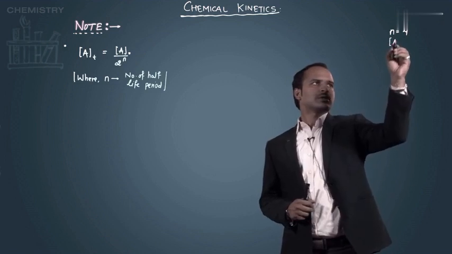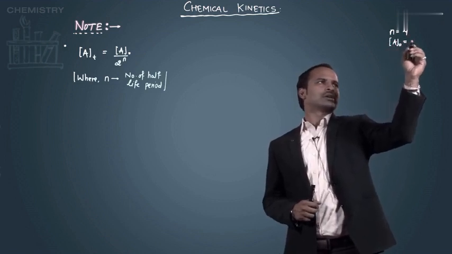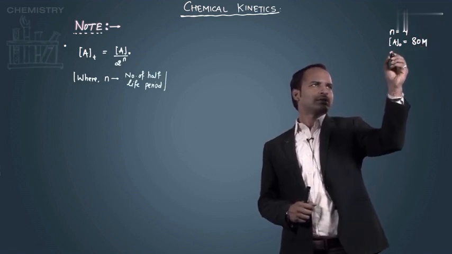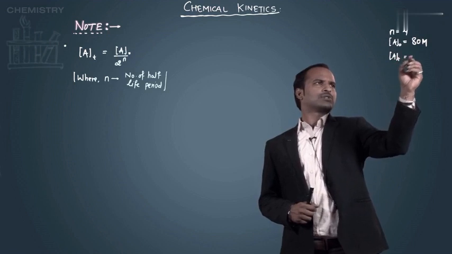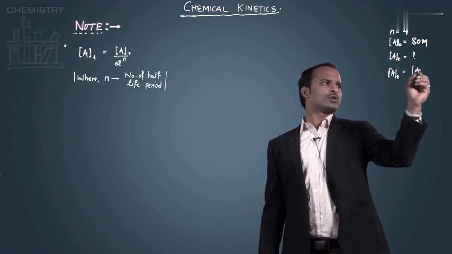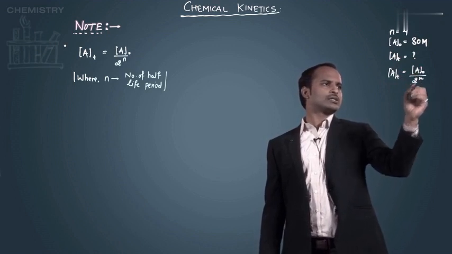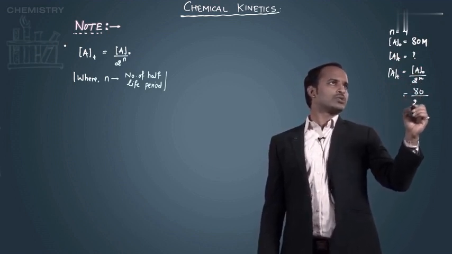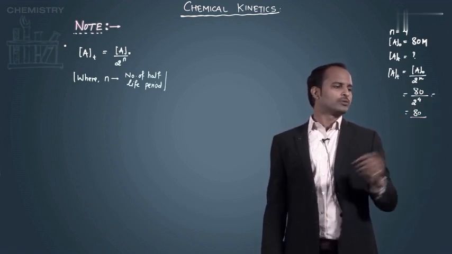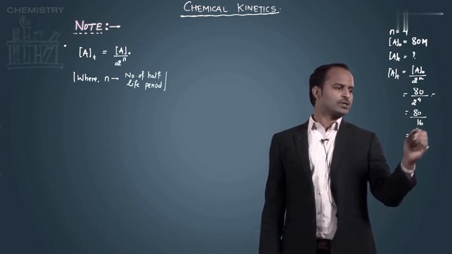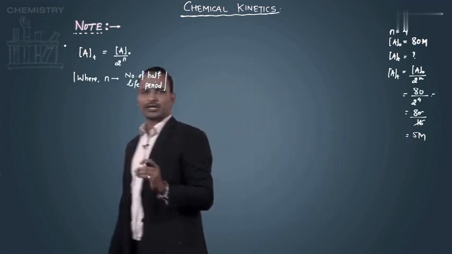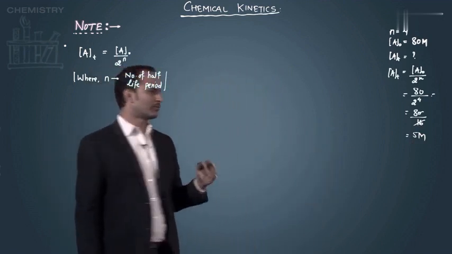Initial amount is A naught, 80 molar, so simply I will use this formula. At is going to be A0 upon 2 raised to n, that is 80 upon 2 raised to 4. 2 raised to 4 is 16, so that means 5 molar. So after 4 half-life periods, 80 molar of reactant will get reduced to 5 molar.